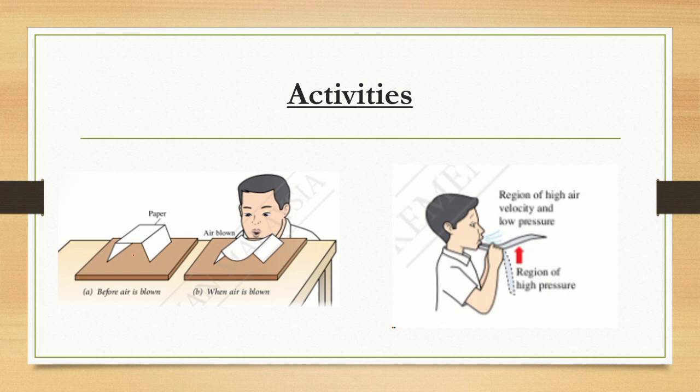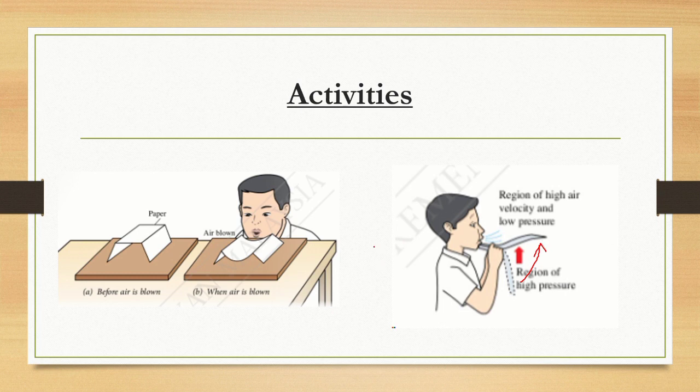When you blow below, the paper will also curve downwards. And for activity B, you can try to blow at the upper region, and the paper dia akan macam fly upward, fly to the upper.